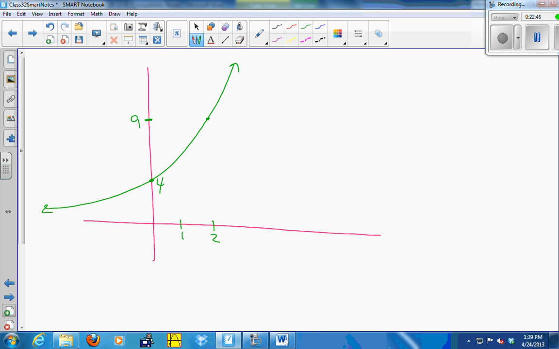All right. Find an equation for this exponential function. So this is the point 2, 9.